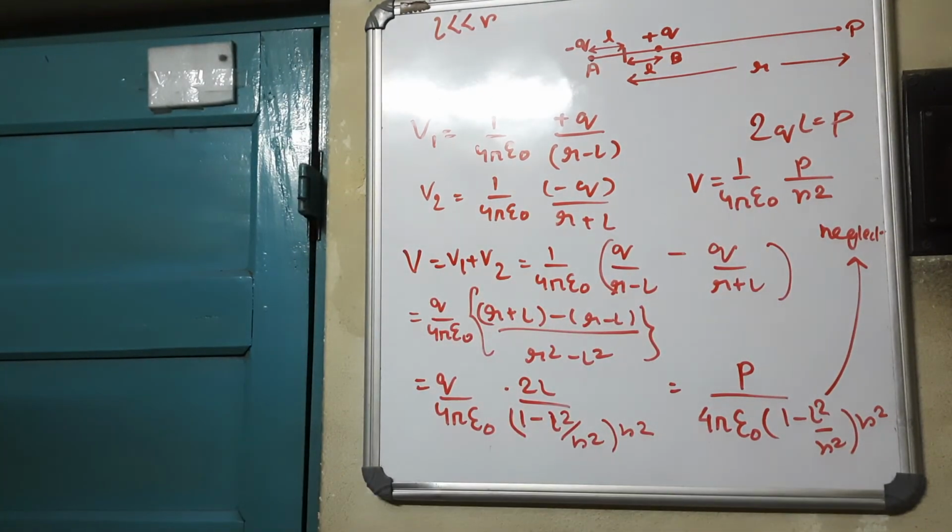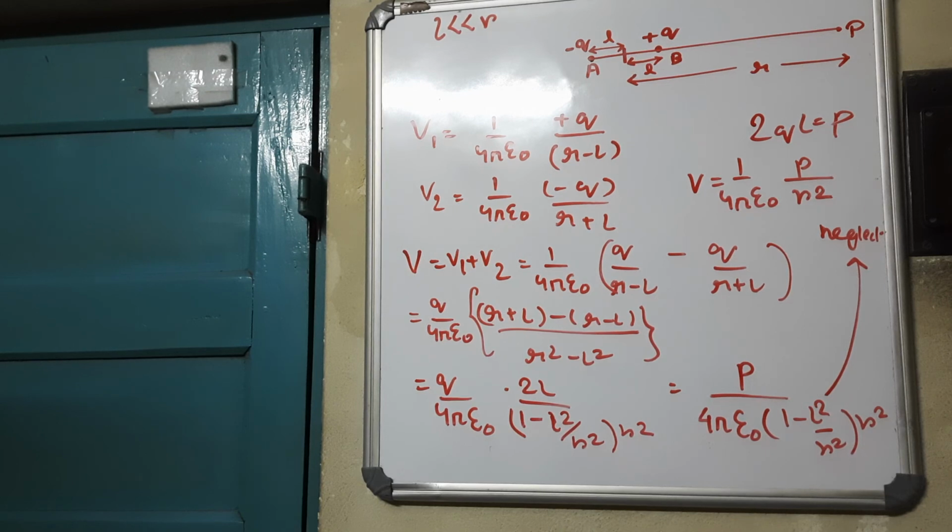So this is the electric potential due to a dipole, 1 divided by 4 pi epsilon naught P by r square, and this particular orientation of the dipole is known as the axial orientation, or basically we are trying to find out what is the potential on some point along the axis of the dipole.